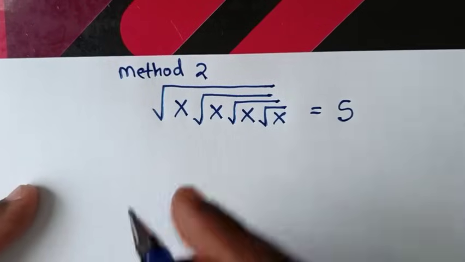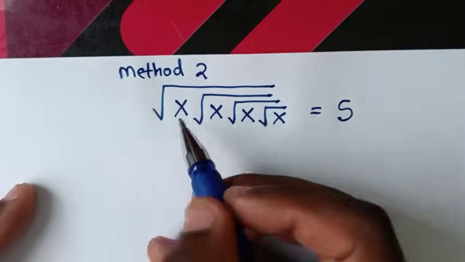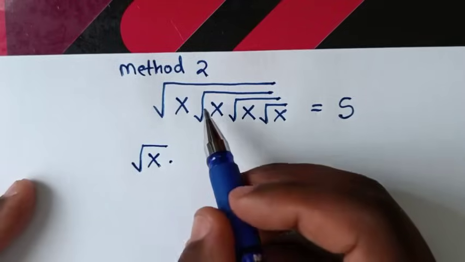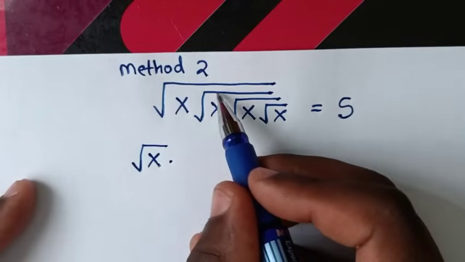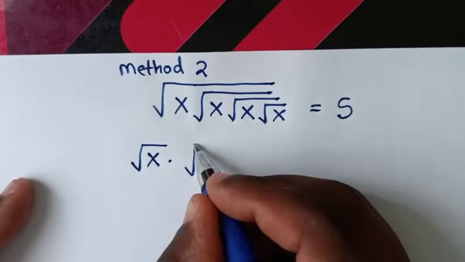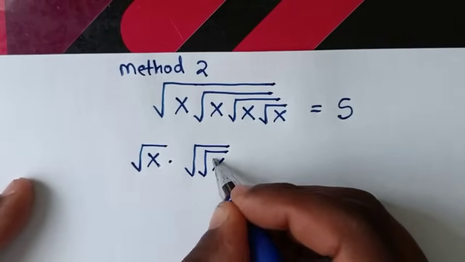Now from here, square root of x, so we can write this square root of x, then times this square root of x. It was under this square root, so we have double square roots, so it will be square root and a square root of x.